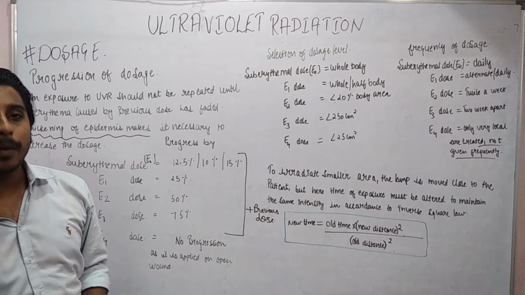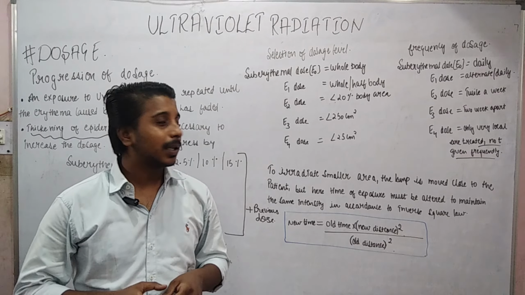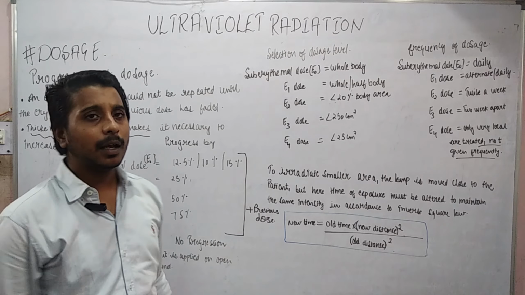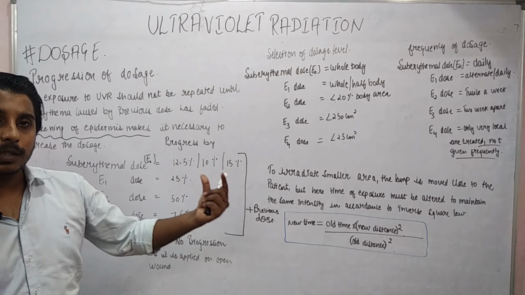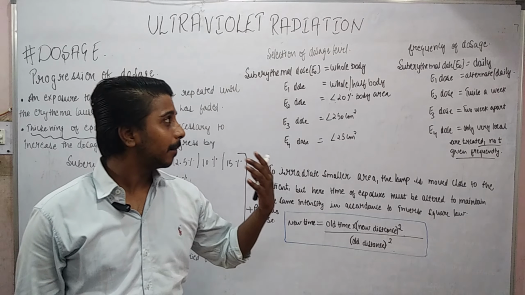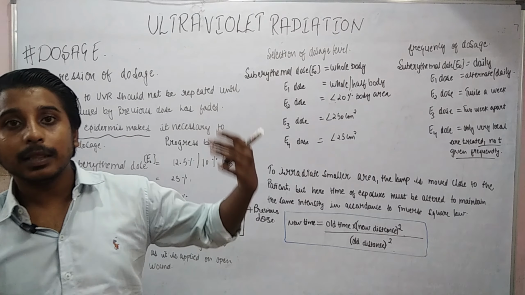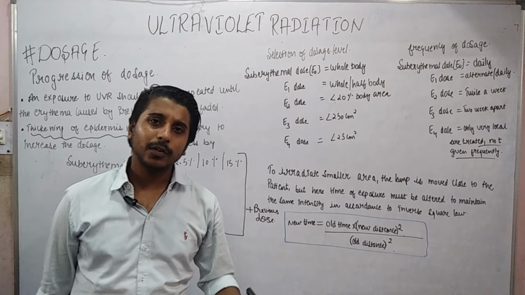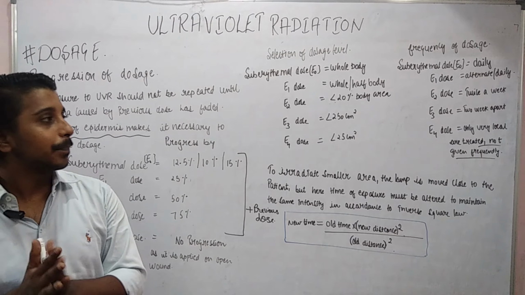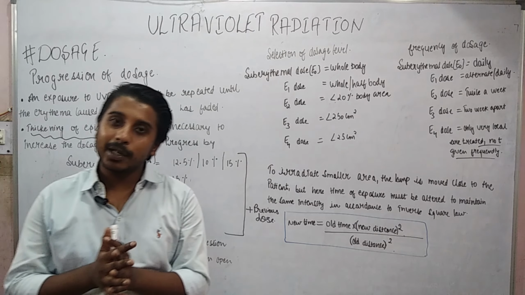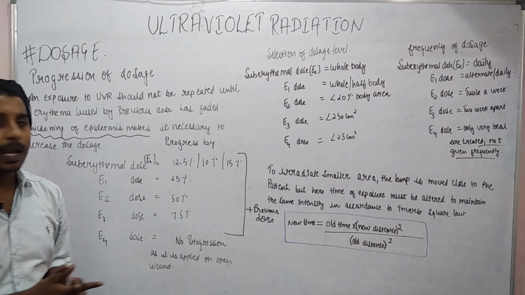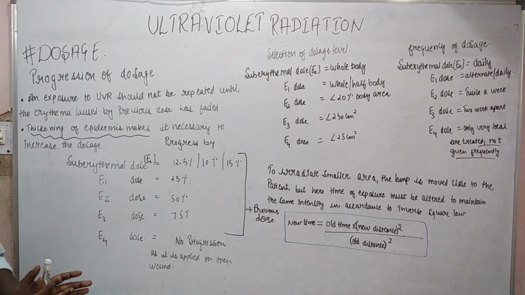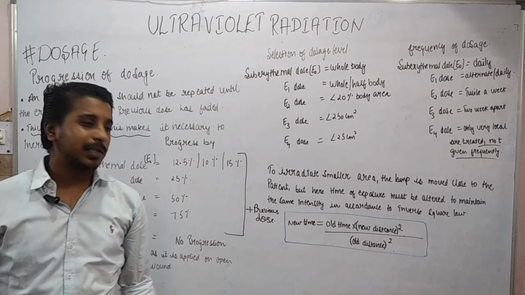Why? Because only open wounds are treated, and when we apply the UV radiation it is sufficient to initiate granulation tissue formation and help in repair as well as growth. So this is about the frequency of dosage.